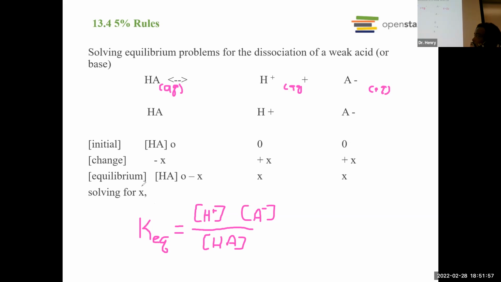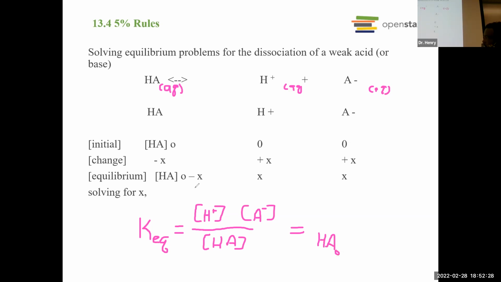So then when we write at equilibrium, we're going to have the initial concentration minus X, because it represents the initial minus the change. That's going to be our equilibrium, right? And then we're going to be gaining X. Okay. So then this equation is going to be, I'm just going to call this HA naught.